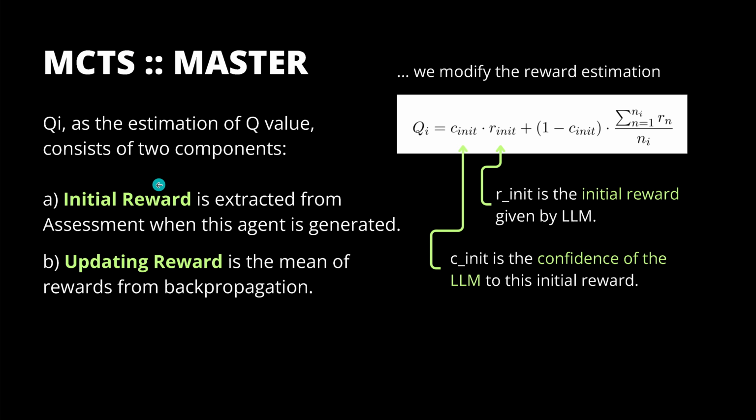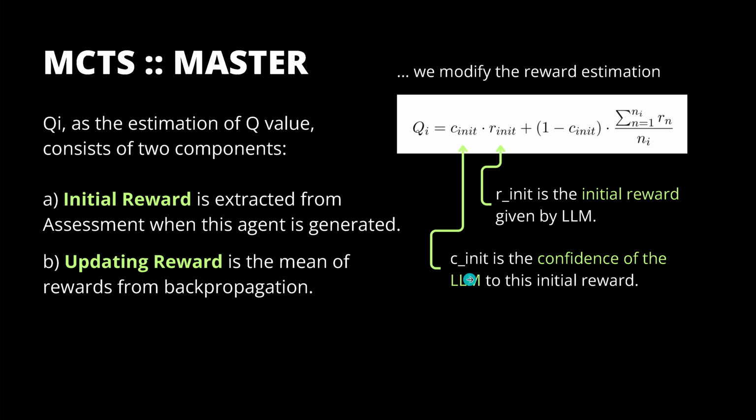Remember, we have an initial reward and an updated reward. The initial reward is extracted from the assessment when this agent is generated. And the updating reward is the mean of the rewards from the backpropagation. So we have those figures. Now our quality is simple: first term and then the second term. So we modify the reward estimation.